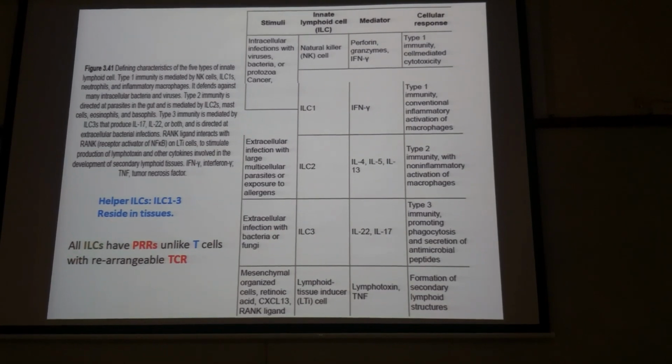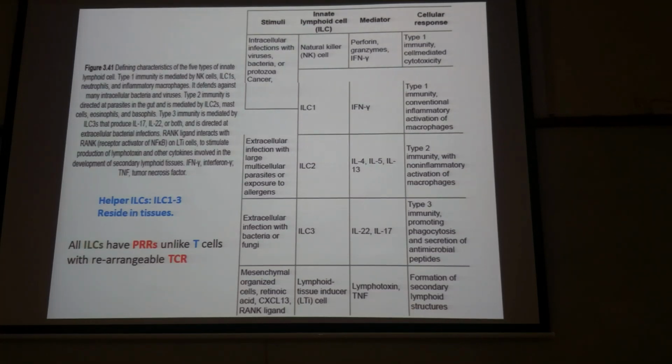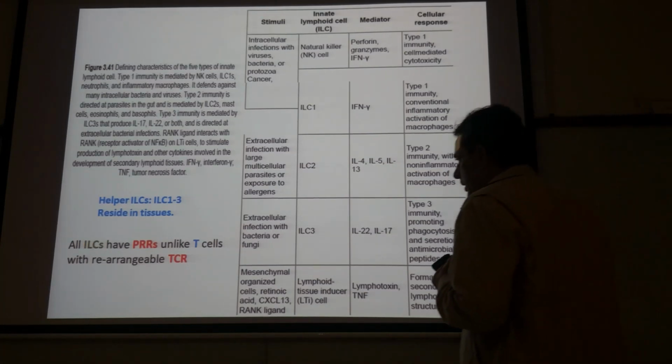And all these ILCs, or the innate lymphoid cells, have pattern recognition receptors. If you look at the T cells or B cells of adaptive immunity, those cells do not have pattern recognition receptors. They have either a T cell receptor or a B cell receptor.